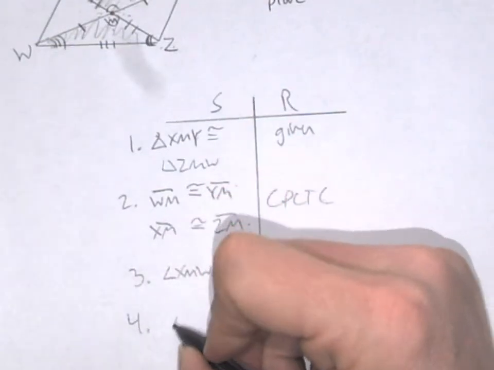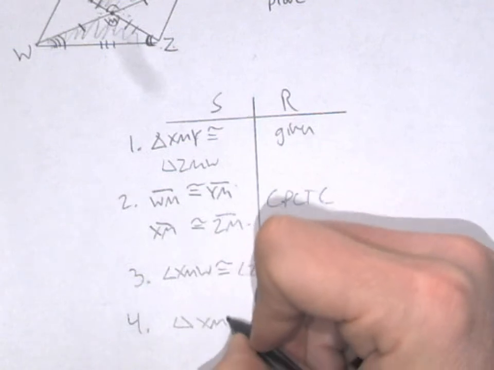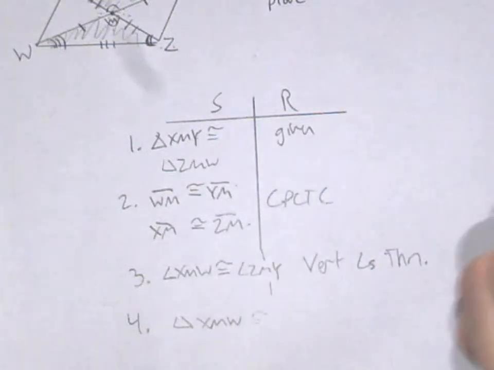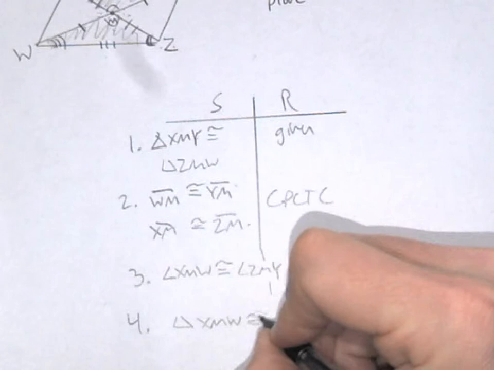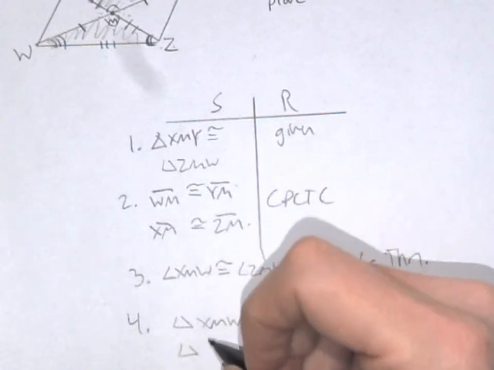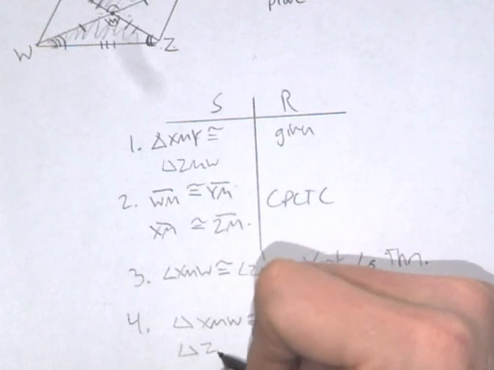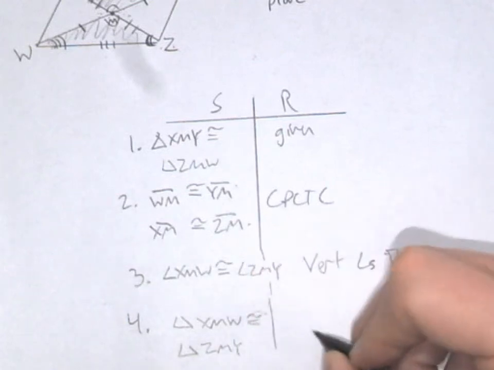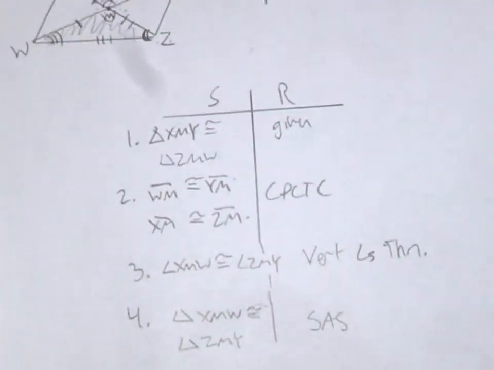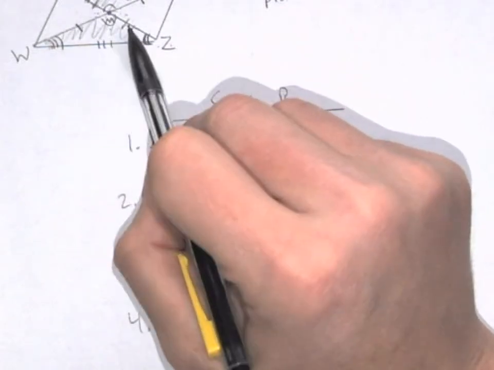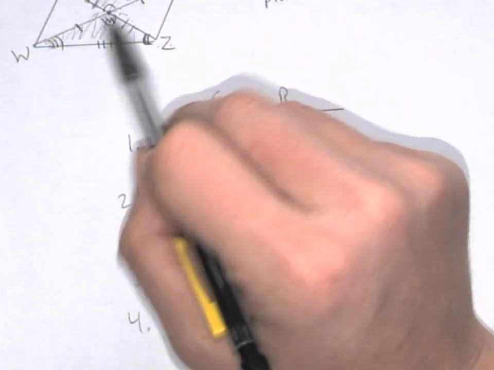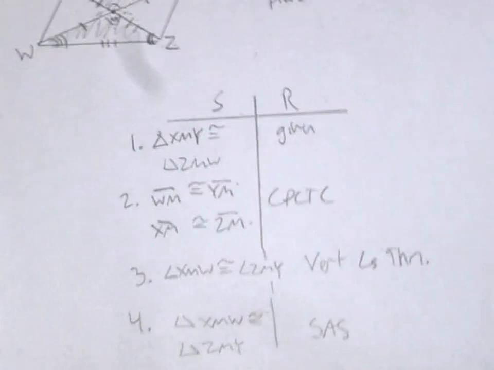So now I can say that triangle XMW is congruent to triangle ZMY by SAS again: side, angle (vertical angles), side.